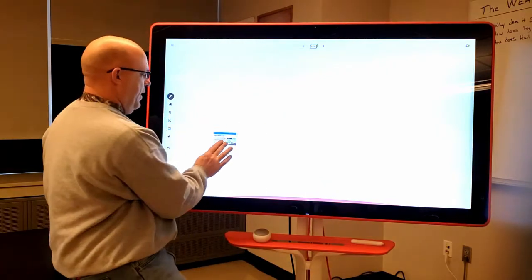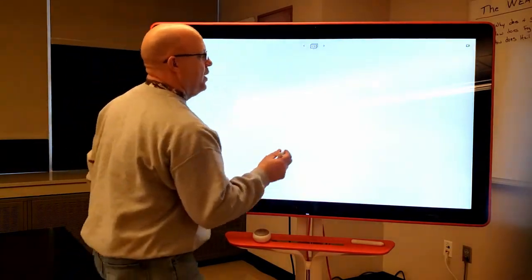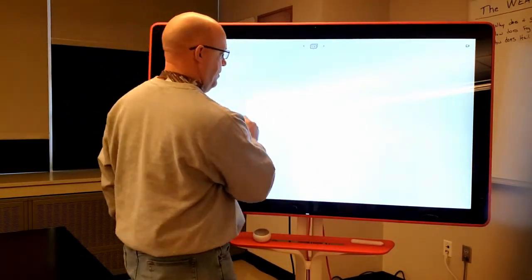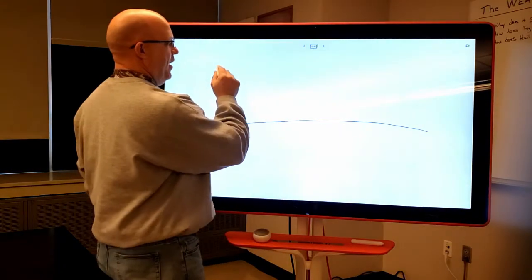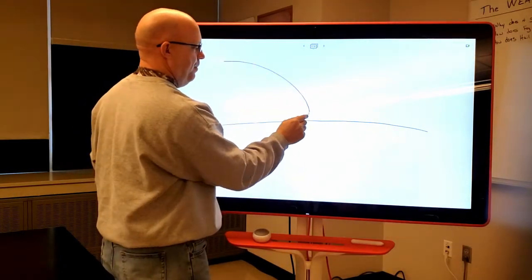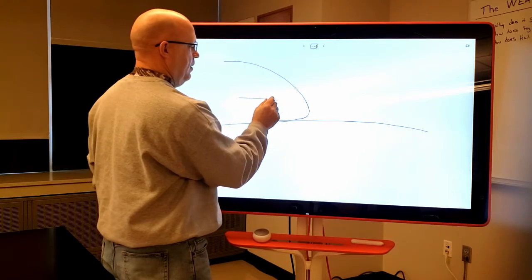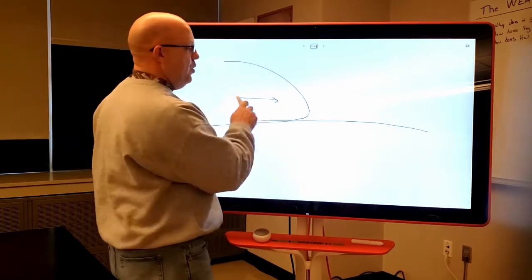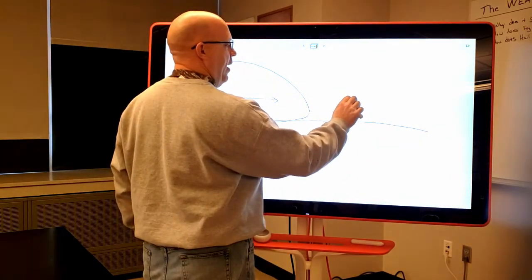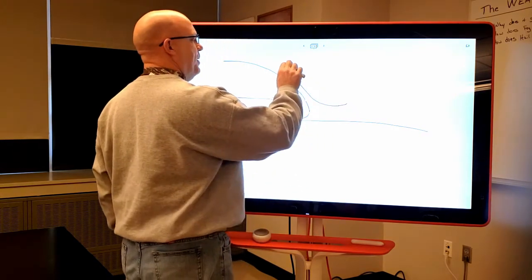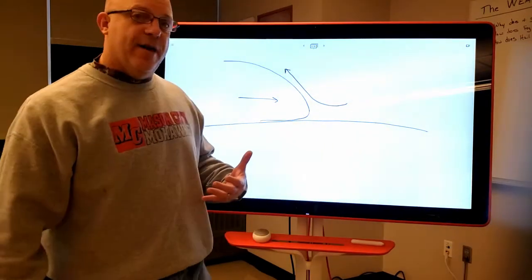And it's easier if I get this out of the way and I show you what's going to happen. So we have our ground. We have a cold air mass right here, and it's moving this way. Well, as it moves this way, the warm air is going to go up the side of the cold air.